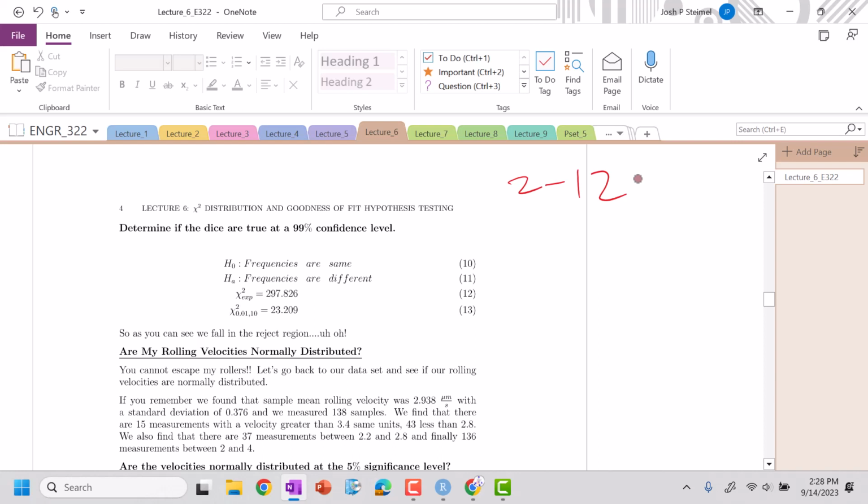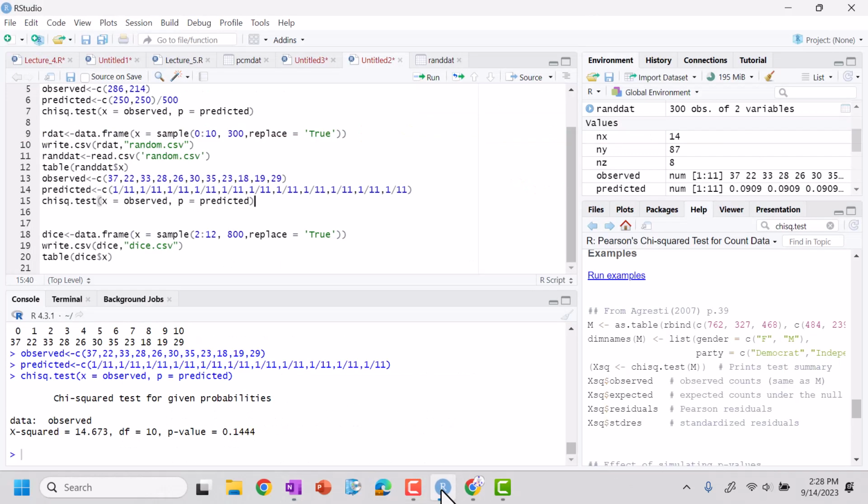So we can actually look at this here. Excuse me, I'm pulling up my other value set.